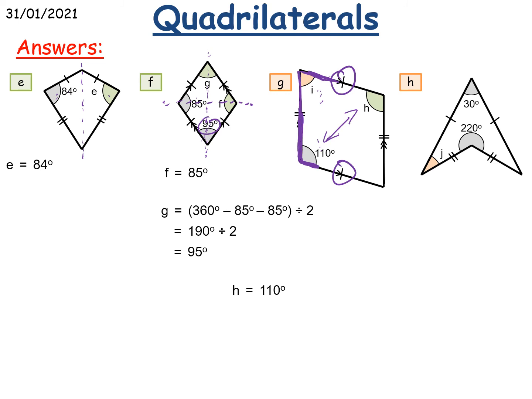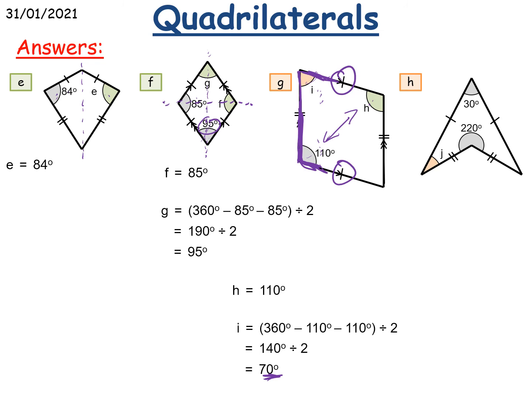So when you have a line going through those two sides, you get your C angle, and C angles add up to 180 degrees. Another way is to add the 110s together, 360 take away that, then divide by 2, which gives you 70 degrees. So there are different ways of doing it.